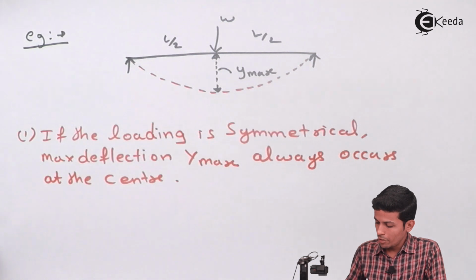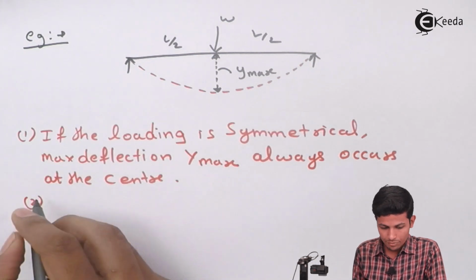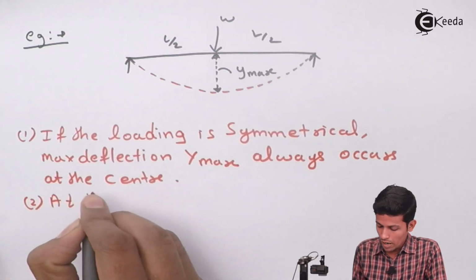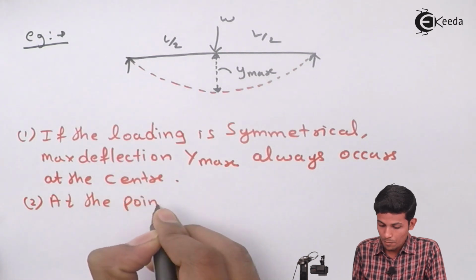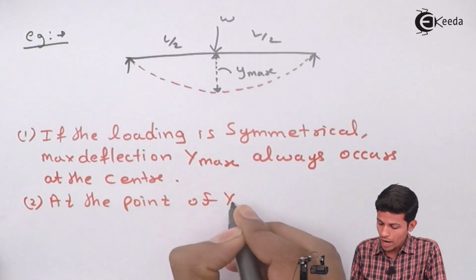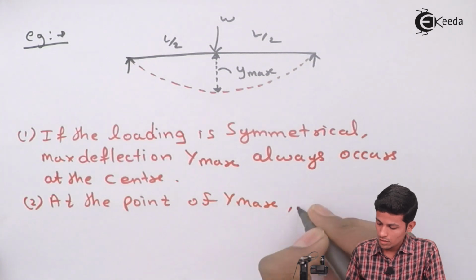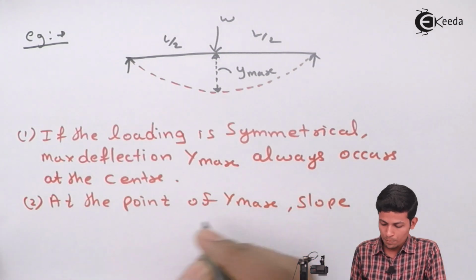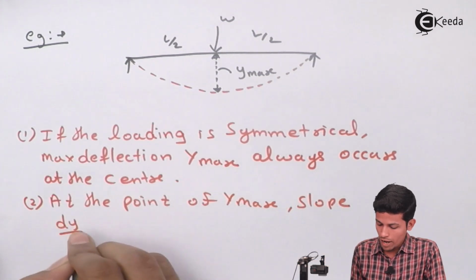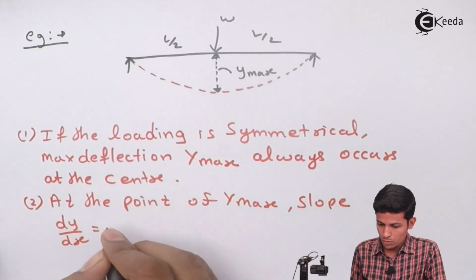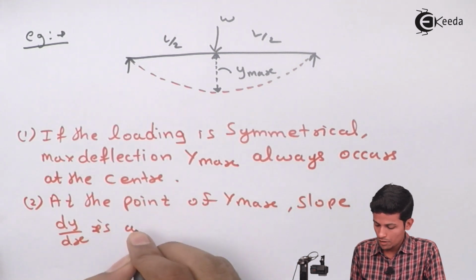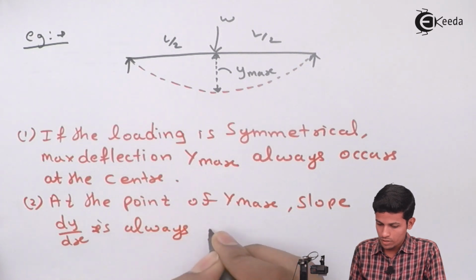Now our second point will be: at the point of y max, the slope dy by dx is always 0.